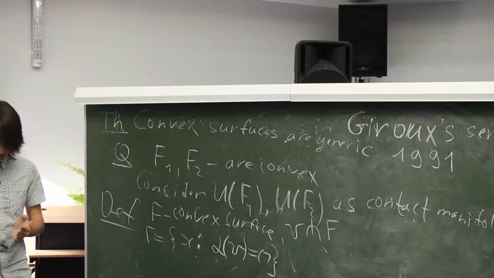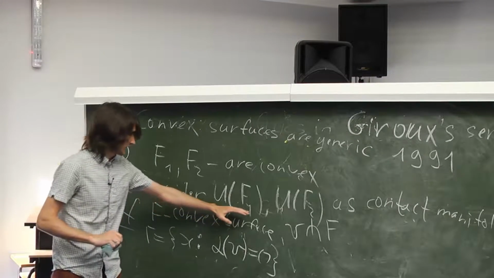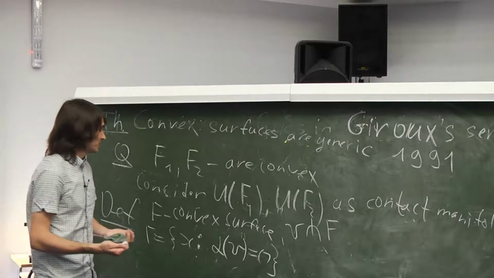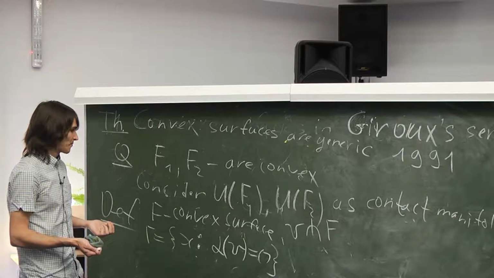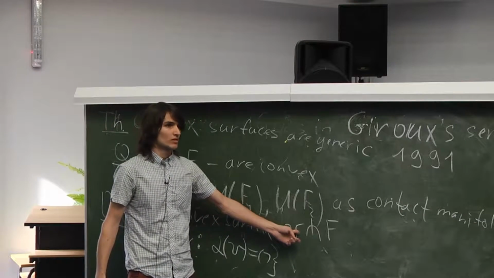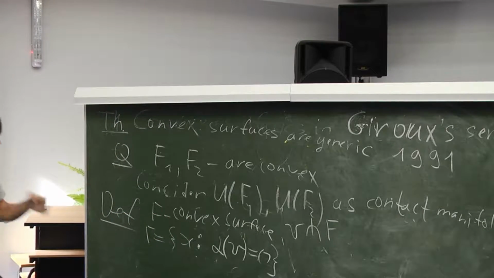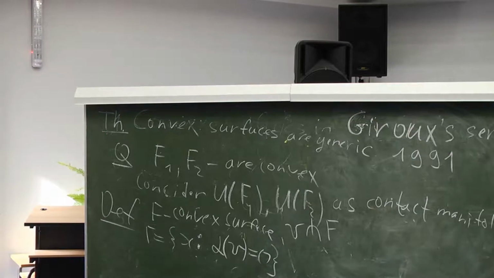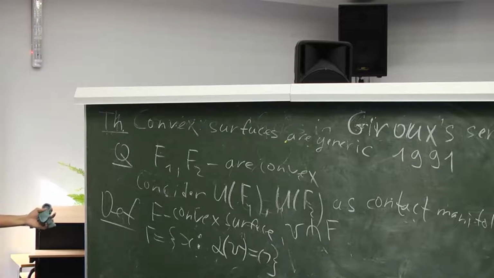Okay, I should say some words about this definition. This definition is correct. In which sense? If we take some other vector field which is transverse to the surface and consider some other gamma, then this set of curves will be isotopic.